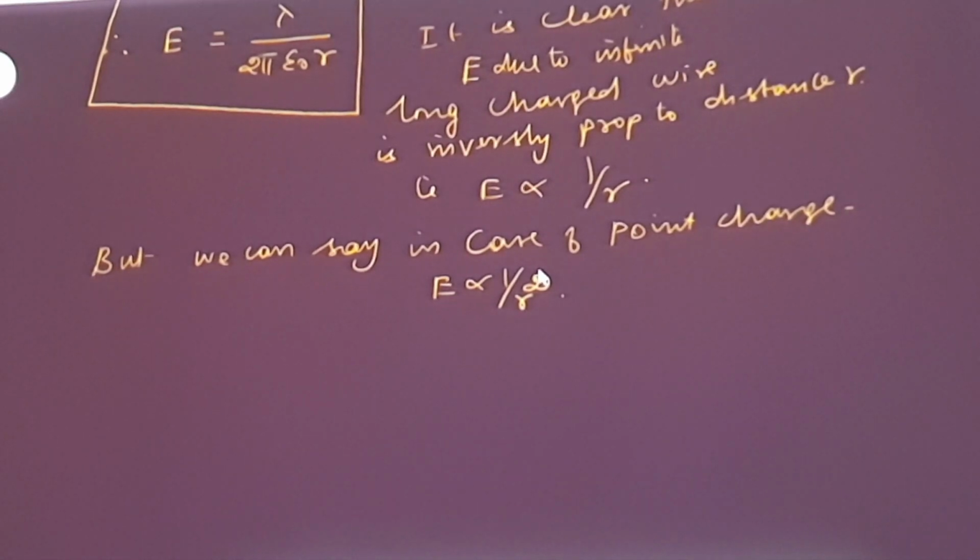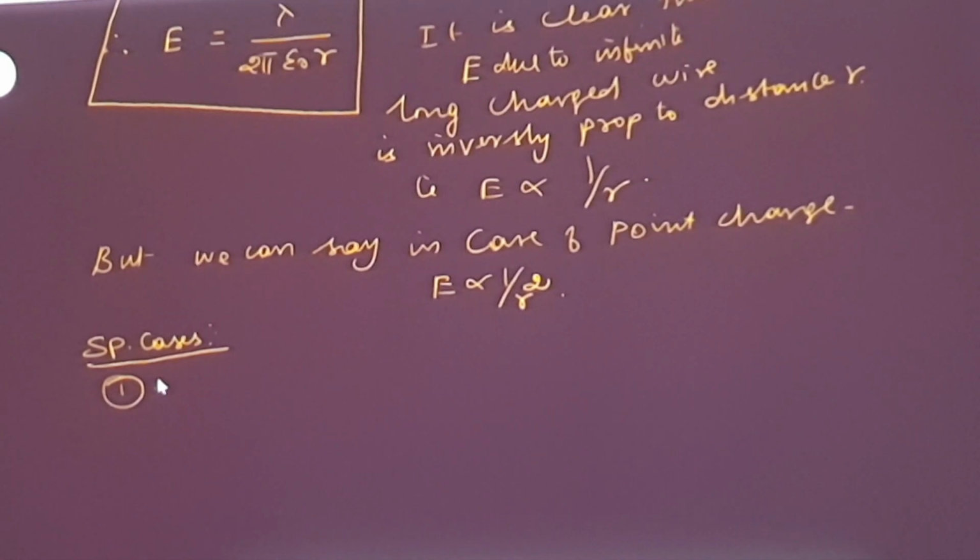Now let us consider some of the special cases. What are the special cases that I have to discuss here? Let us take it as number 1. What is the value of the electrical field if the surface charge density is greater than 0 or less than 0? That we have to say.